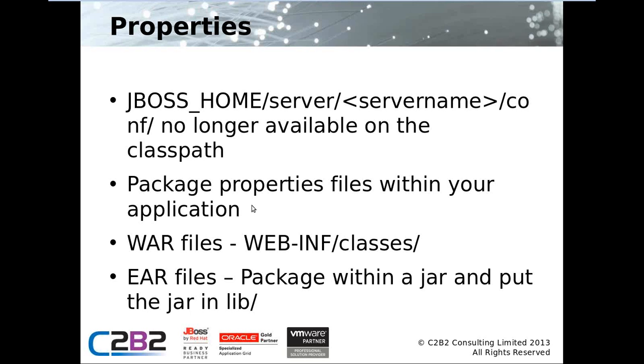So for example, if you're deploying a .war file, then you need to put those properties into the WEB-INF/classes. And similarly, if you're packaging an EAR file and you need properties available, then you need to package those within a jar file and then place that jar file in the lib directory of your EAR.